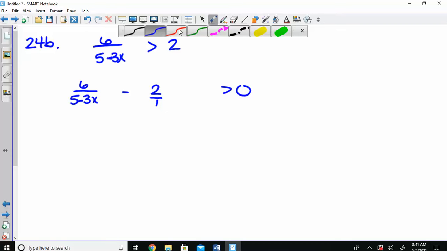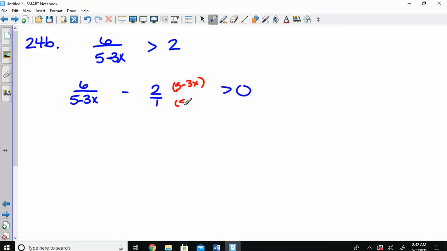So what I'm going to do to get a common denominator is take this times 5 minus 3x on top and bottom. Okay. You could think of this as a negative 2. So if I do that, I get negative 10 plus 6x over 5 minus 3x is greater than 0.